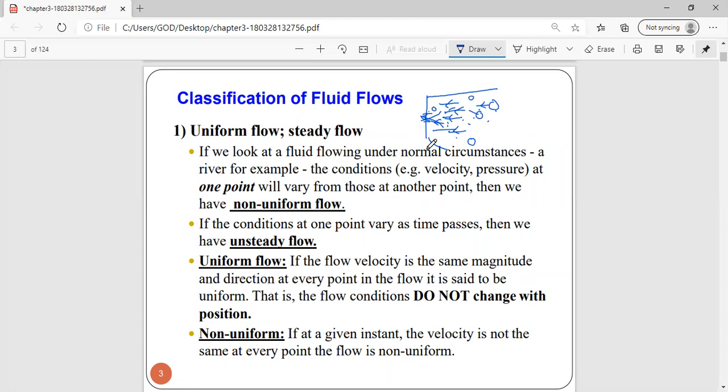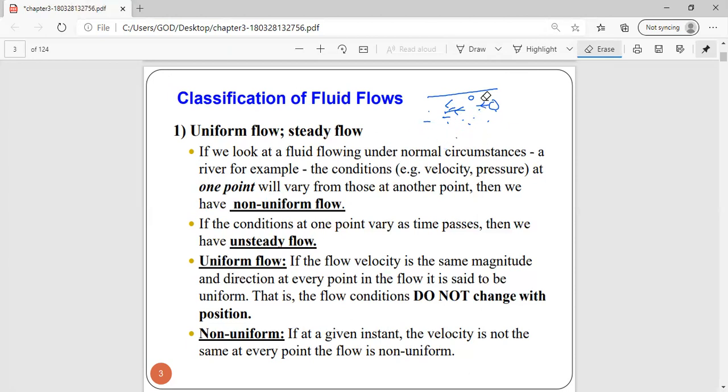The fluid particles are energized, they have force and momentum, and you are not able to control them. So even if you open one gate, part of this portion may be damaged. To avoid all these losses, you have to estimate the force acting under dynamic behavior also. For that, this chapter is very interesting and useful.